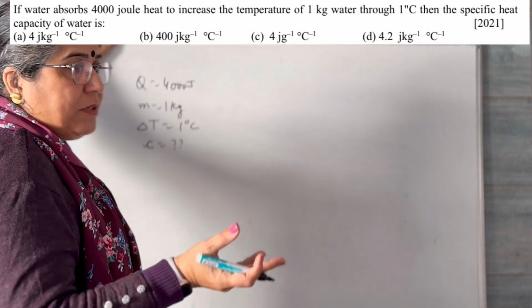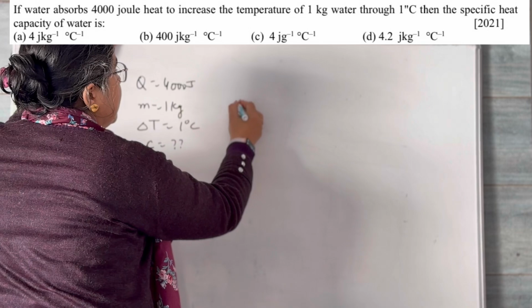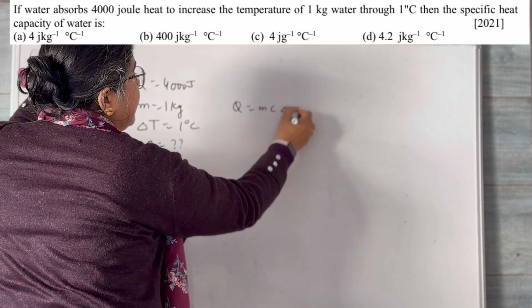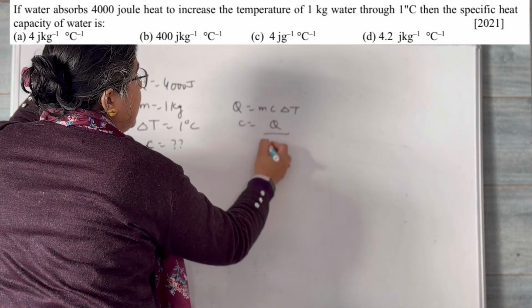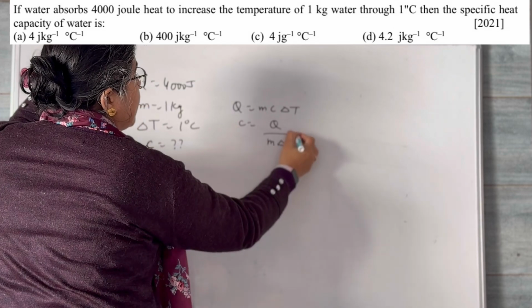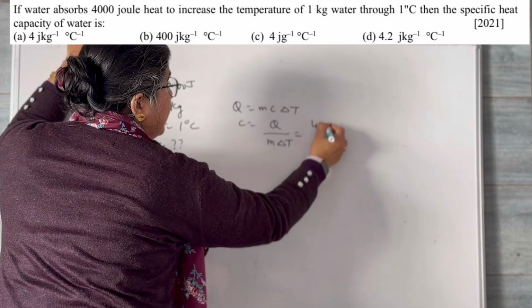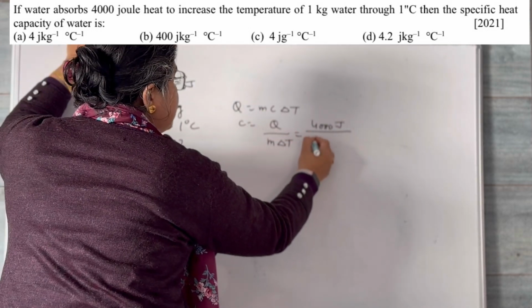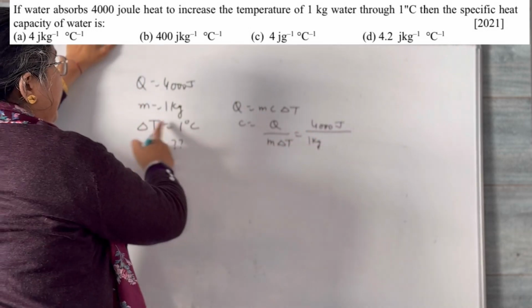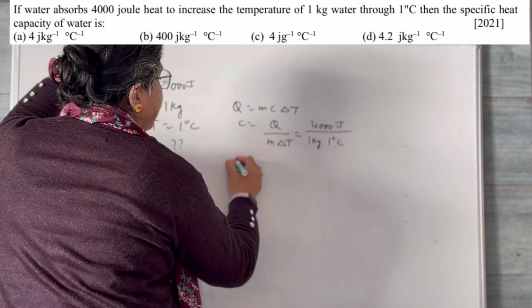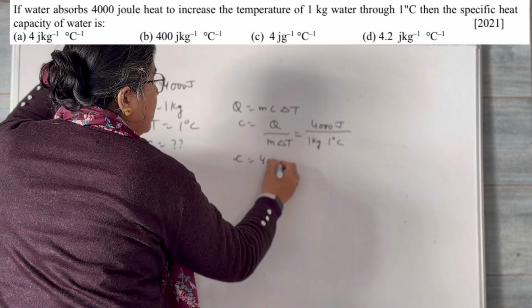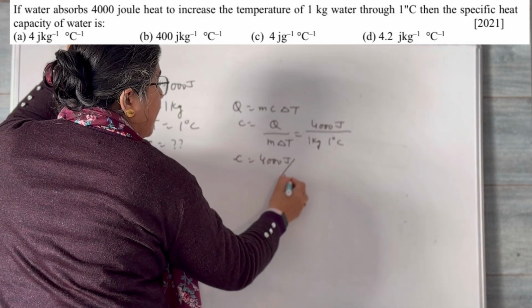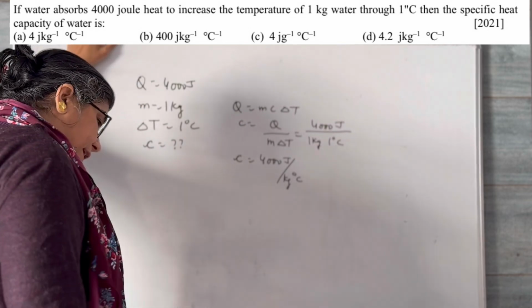It was a multiple choice question. But look at it. Q is mc delta T. So C will be Q over m delta T. Q is 4000. But if you don't write units in calorimetry, you are gone. Mass is 1 kg. And delta T is 1 degree centigrade. So C comes out to be 4000 joule per kg per degree centigrade.